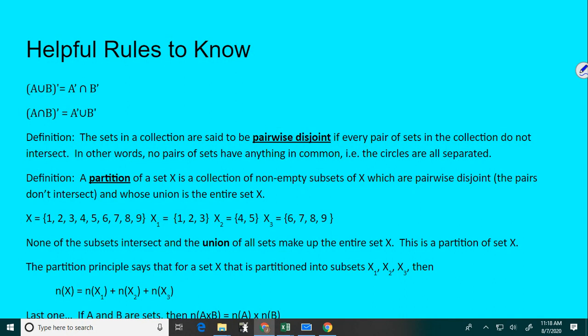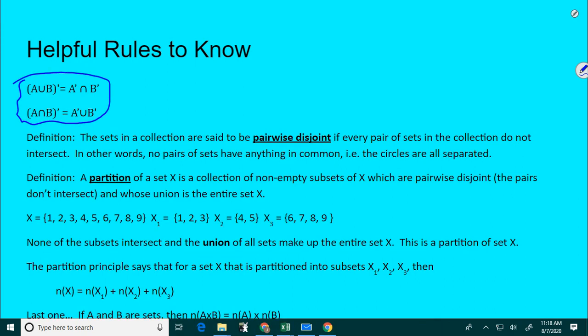All right, just some helpful rules and then another couple definitions here at the end. These are going to be helpful to know. And actually, it's easier if you just kind of memorize them if you can. So if I have A union B and I want the complement, that's the same as A complement intersect B complement. Notice the differences there.